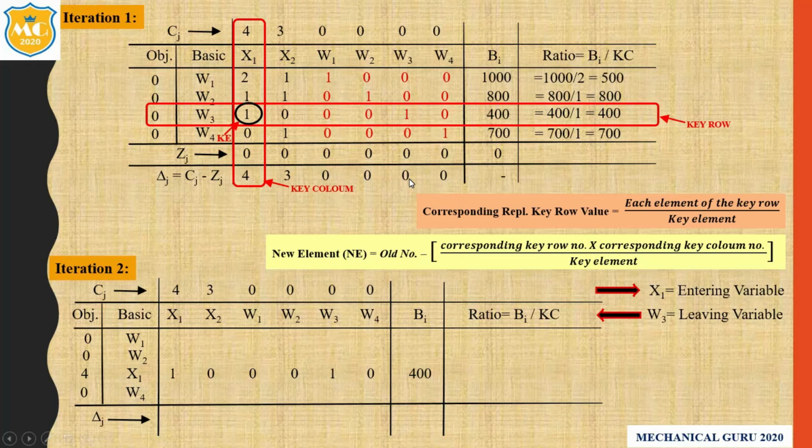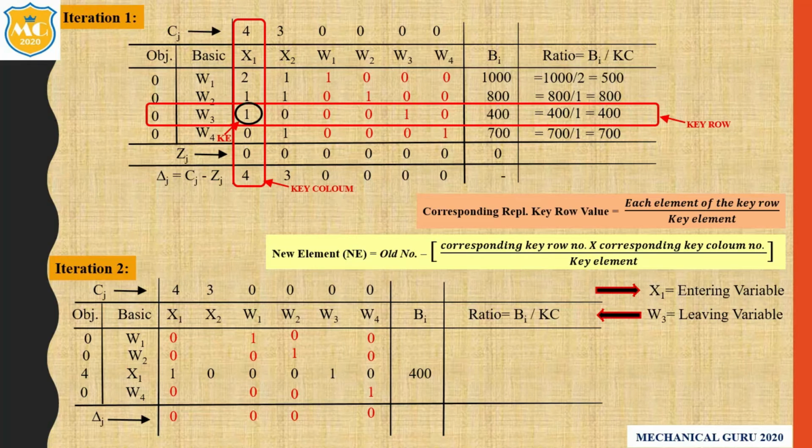We just have to copy these values and paste them in the x1 column. Next W1: the W1 column is as it is, 1, 0, 0, 0. Similarly W2 is as it is, 0, 1, 0, 0, 0. Similarly W4 is 0, 0, 0, 1, 0. So this is the first trick.